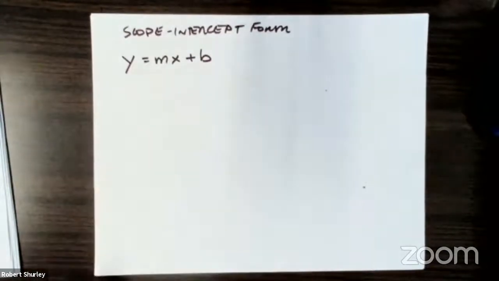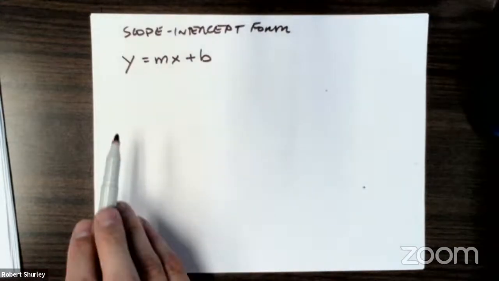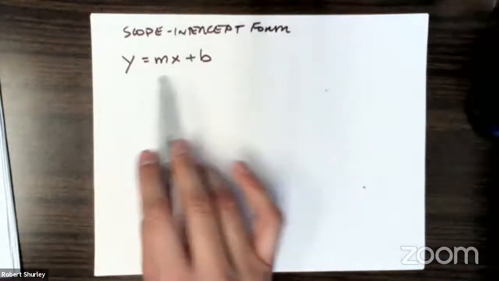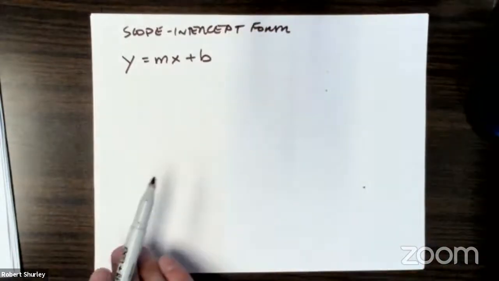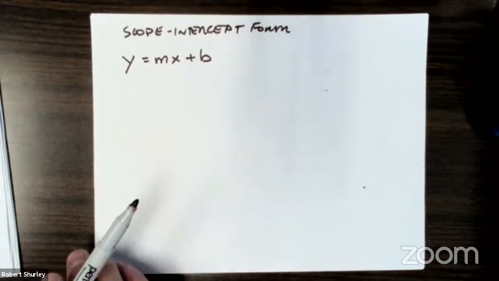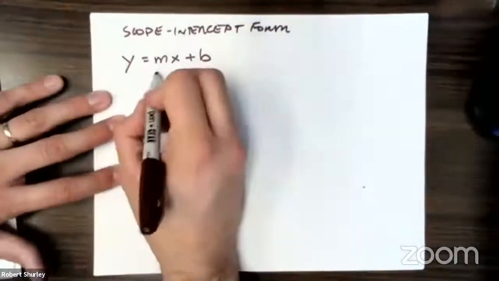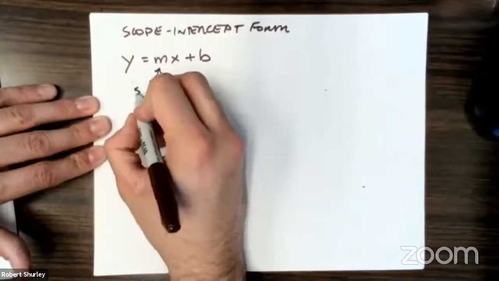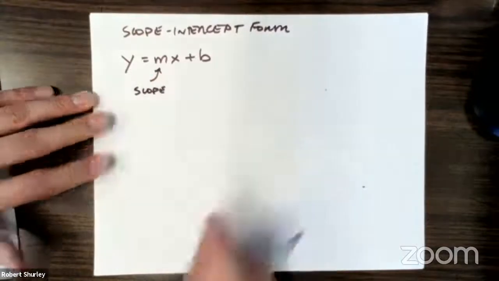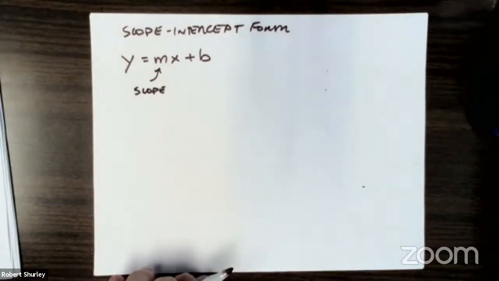Now, what's nice about y equals mx plus b is we can graph a line directly out of it. So if a line is in this equation, we can graph it right out of the equation. We'll do that here in just 2 seconds. But we need to go over this equation first. So firstly, that m right there is our slope, right? It tells us the rise over run.